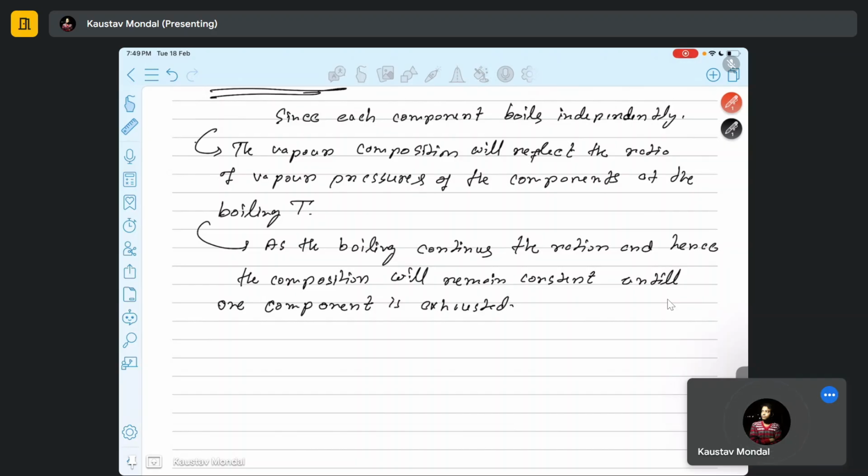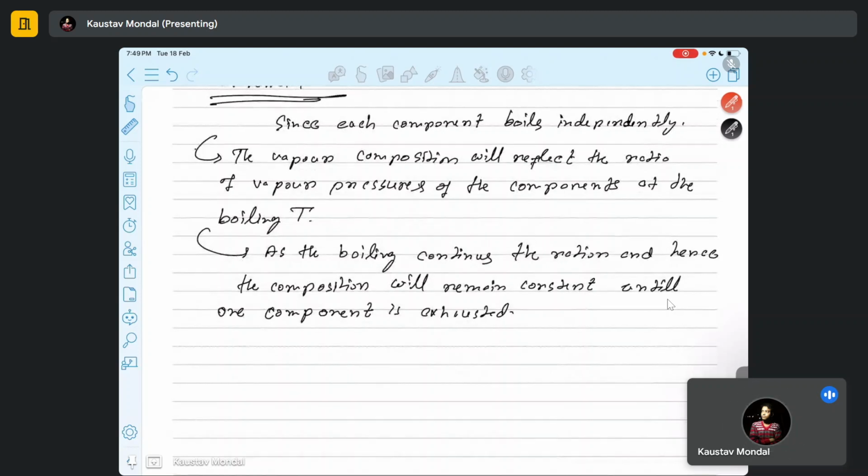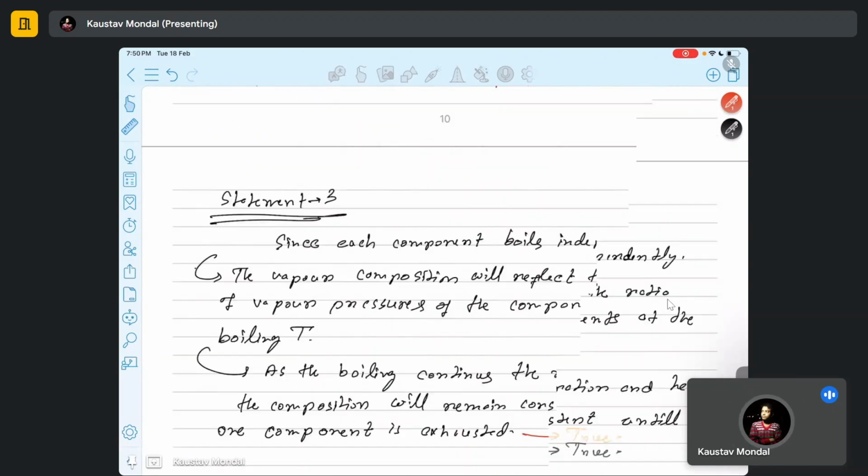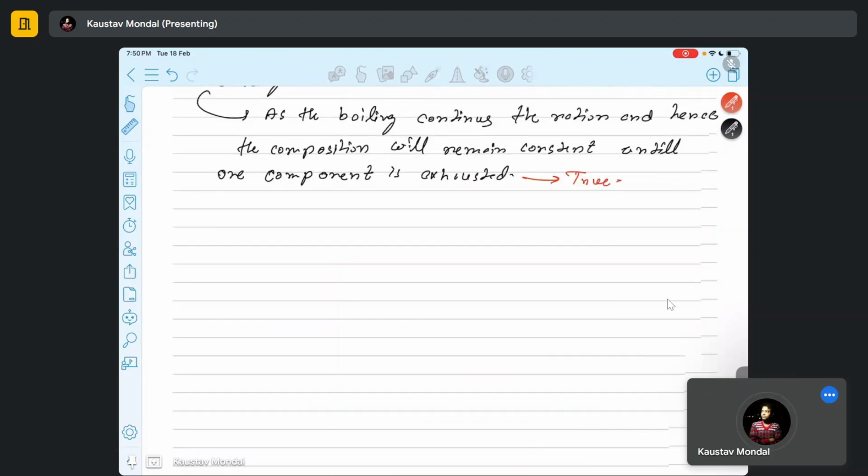So this means that statement 3 is also true. Okay, fine. So statements 1 and 3 we have found true, but statement 2 we found false.